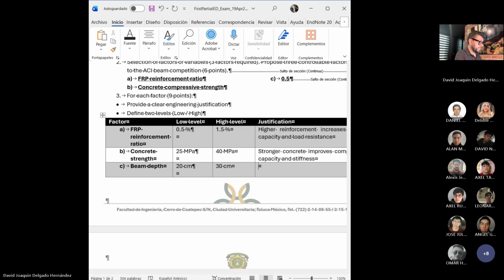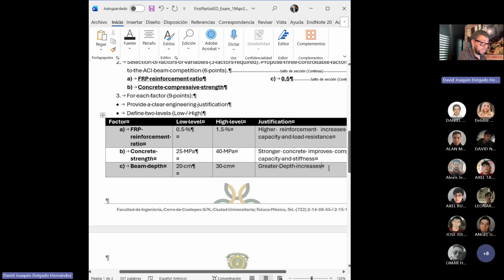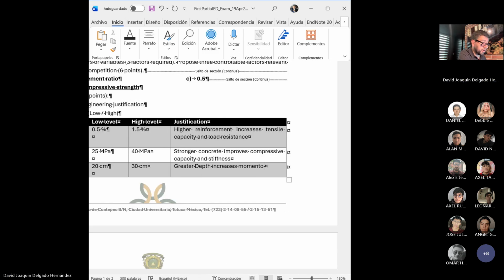Okay, so what is the reason why this is important? So greater depth increases, there is one thing called moment of inertia, and load capacity.